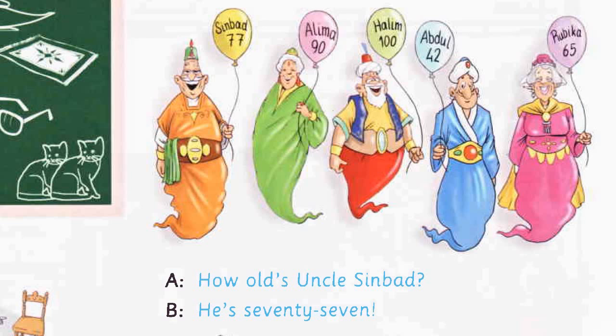Wow, sounds good. How about this picture, the third picture? And the name, Halim. And the age. What's the age here? 100. Wow. Okay. I want you to make questions and answers for Halim. Okay. How old's grandfather Halim? Wow, well done. How about the answer?